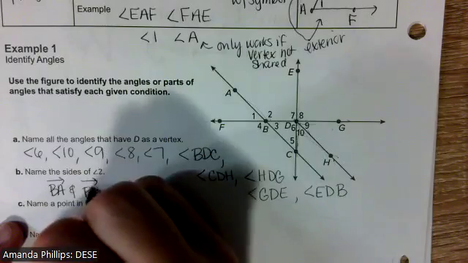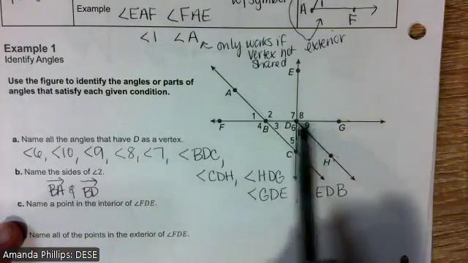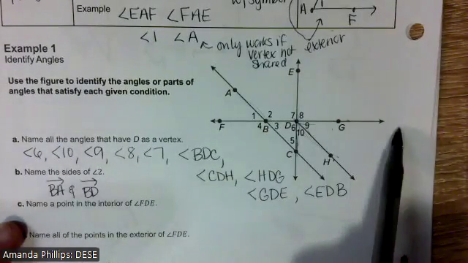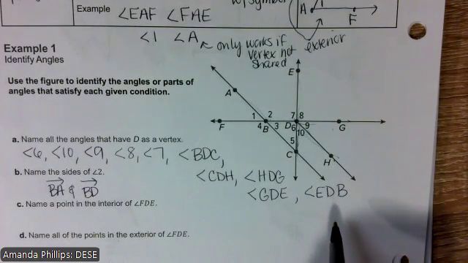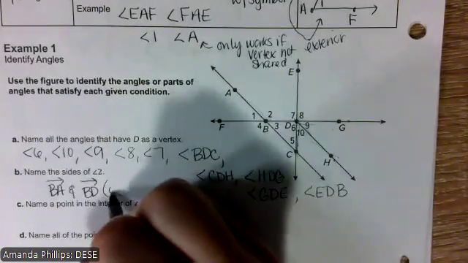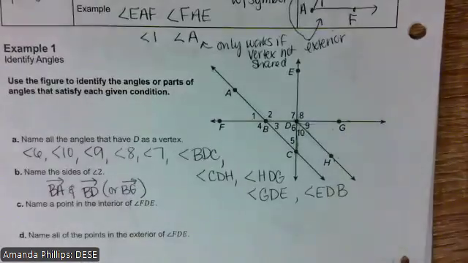Now, you could have also said ray BG if you wanted to, because it is all on the same line. So you just have to name it with the endpoint and one of the other points on the line. So I'm going to say ray BA and ray BD, or ray BG. I said angle, I meant ray.